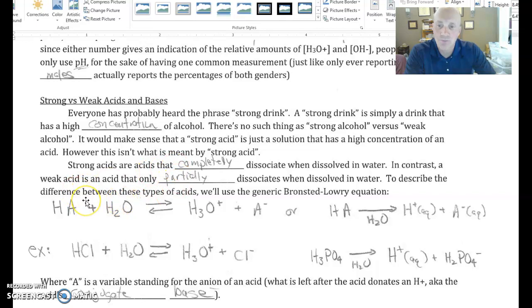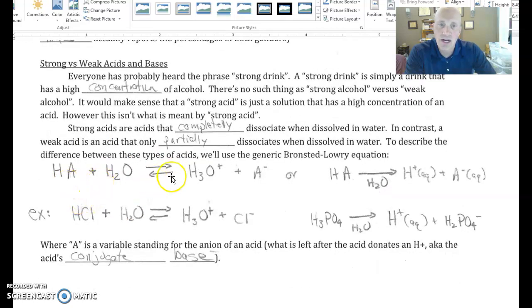All right. So first of all, to describe this, we're going to have to use the generic Bronsted-Lowry equations. All right. So there's two ways, again, you can represent it. Either if you represent it, the thing that gets produced as H3O plus or H plus aqueous. Again, these are essentially the same thing.